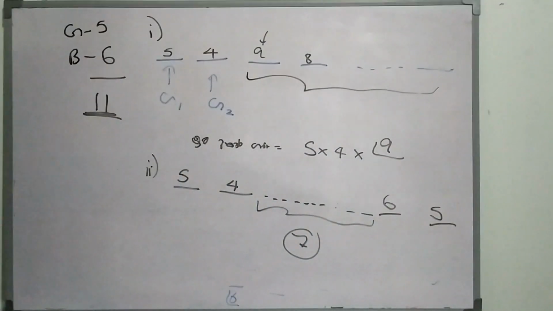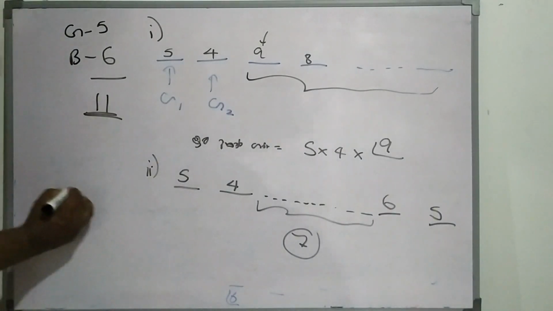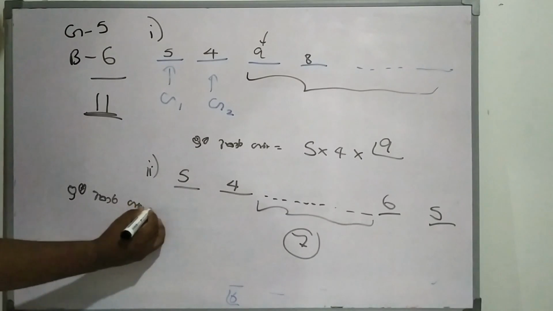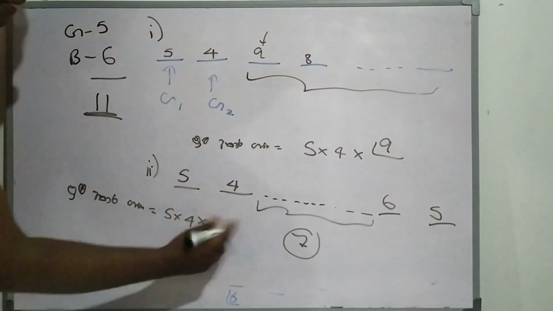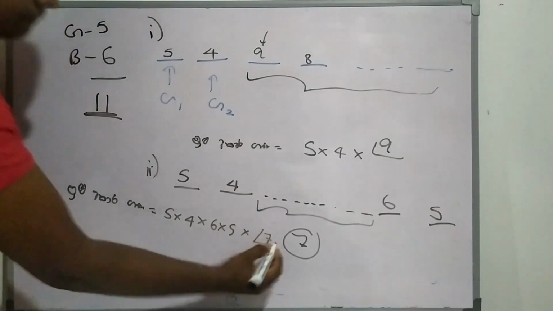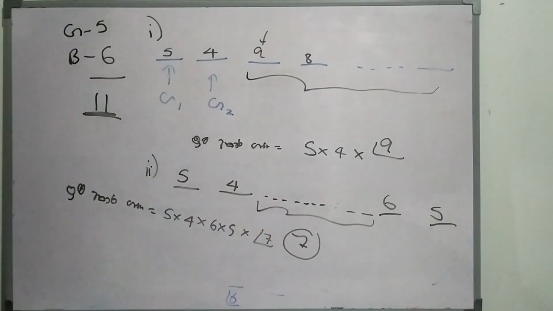The answer will be 5, 4, factorial 7, and 6, 5. So this is the answer of first 2 girls and the last 2 boys.